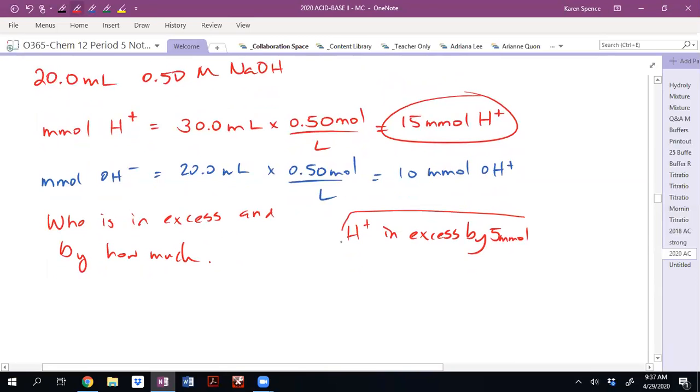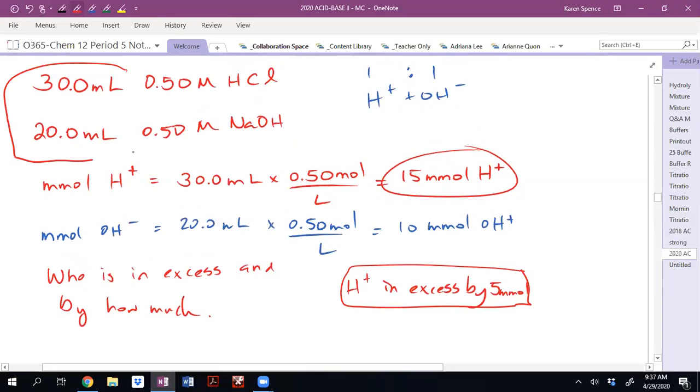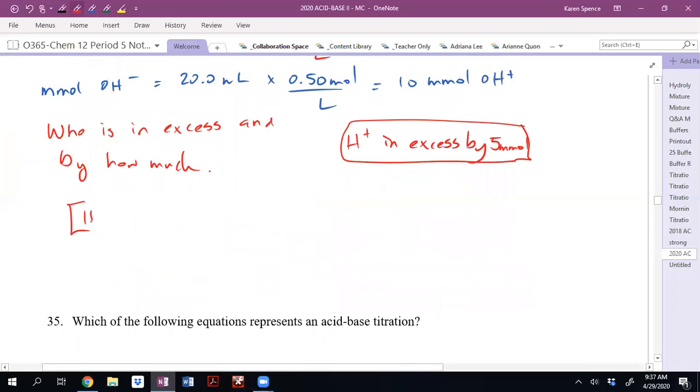So we have H plus, which is 5 millimoles, and it's going to be in a total volume of 50 milliliters. So the concentration of H plus is 5 millimoles over 50 milliliters, and that gives us 0.1 moles per liter, which is equal to 10 to the negative 1 moles per liter.